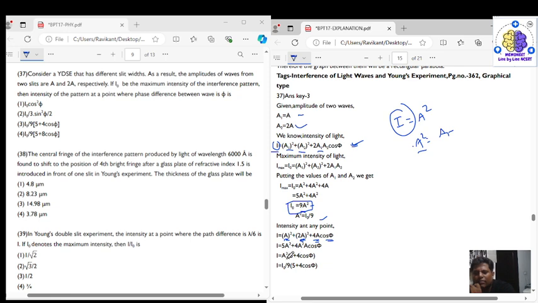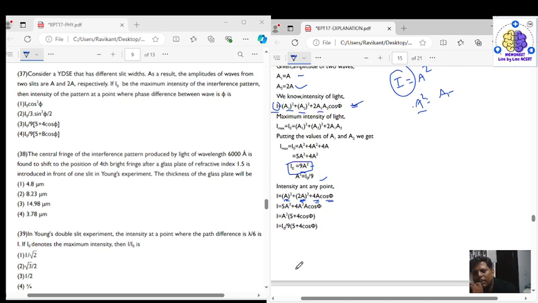Solving this, when we take A1 square common outside, we'll get I is equal to I naught by 9 into 5 plus 4 cos phi, right? And this we have in your option, I naught by 9 into 5 plus 4 cos phi, option 3, right?